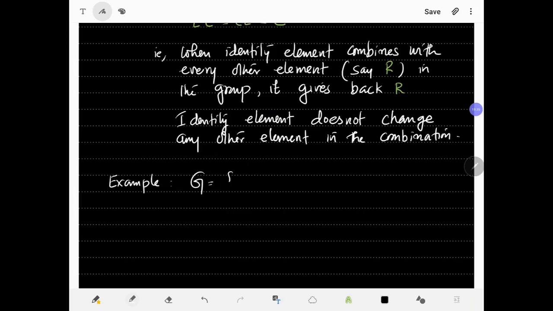Say for example, if I have a set of numbers 1, i, minus i and minus 1, where i is the imaginary number and the combining operation is multiplication.